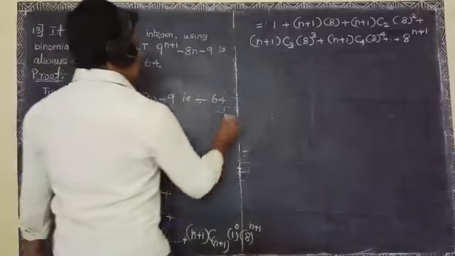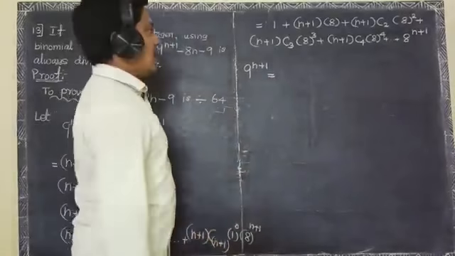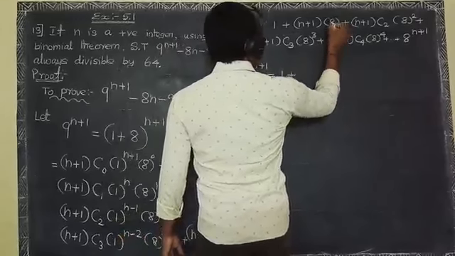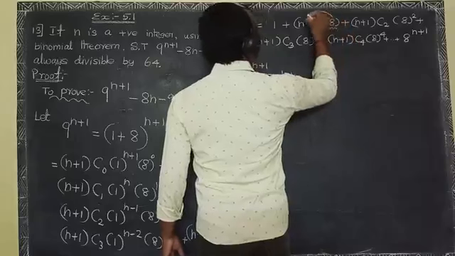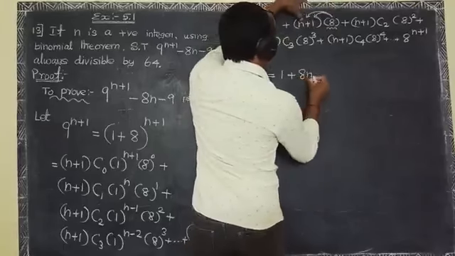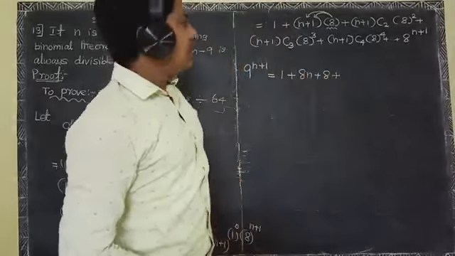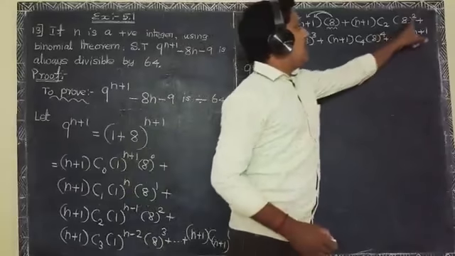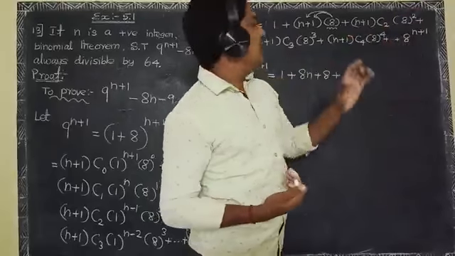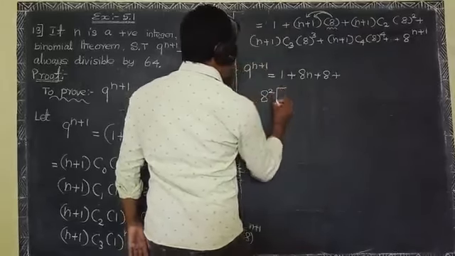Then the left hand side 9 power n plus 1 is equal to: the first term is 1, plus the second term, the scalar 8 multiplied by the factor n plus 1, that is 8n plus 8. Plus, each of the remaining terms has 8 square, so we take 8 square outside.